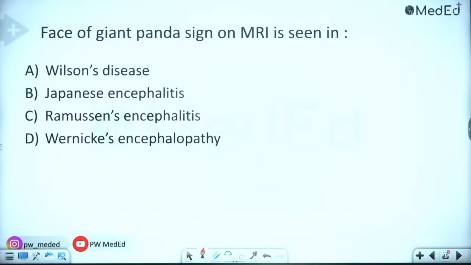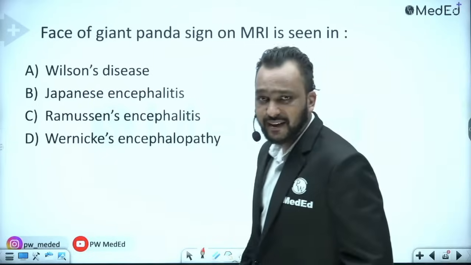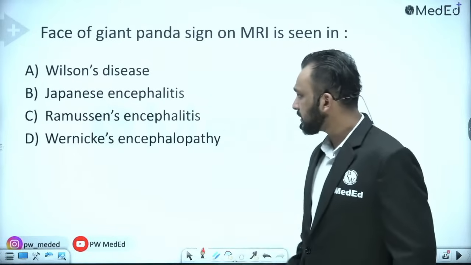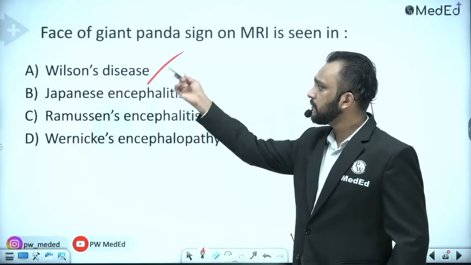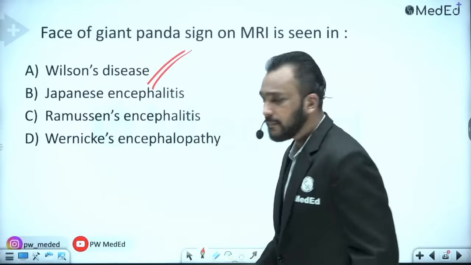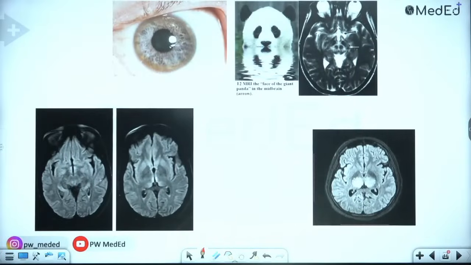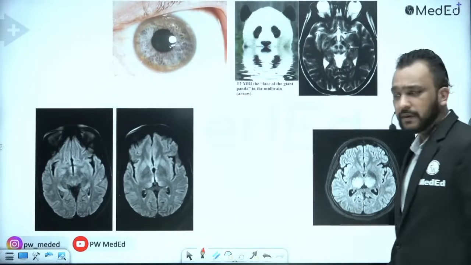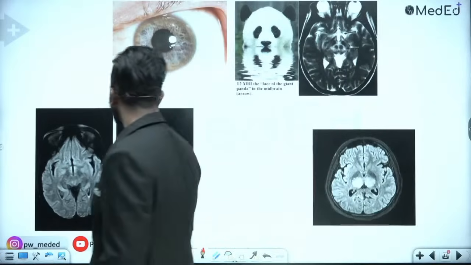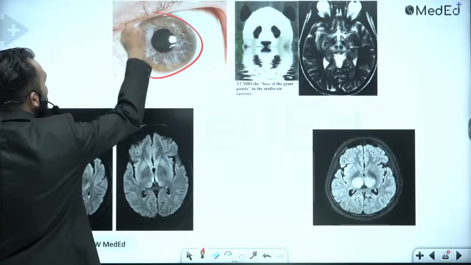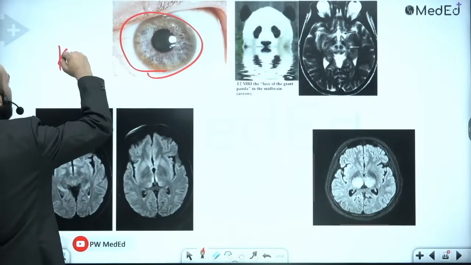Face of giant panda sign on MRI is seen in, very simple question, patients with Wilson's disease, which is a disorder of metabolism due to the excessive deposition of copper. Within the eyes, what you are going to see? You are going to see KF rings.